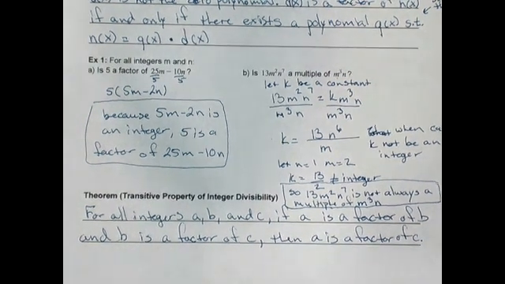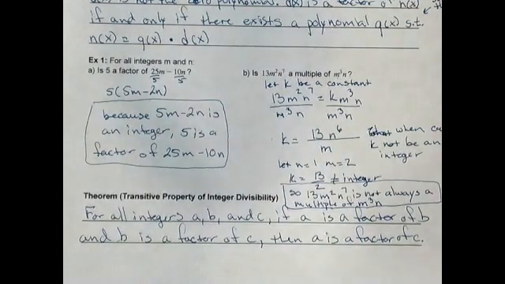It's just saying if b is divisible by a and c is divisible by b, then c is also divisible by a. That's all it's really saying.